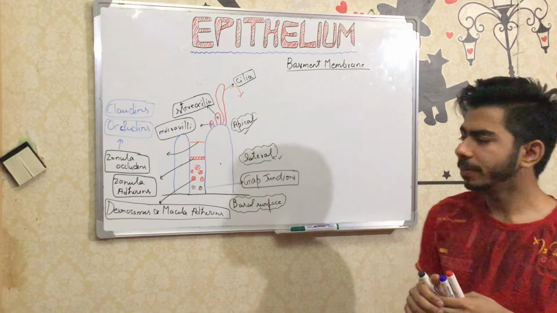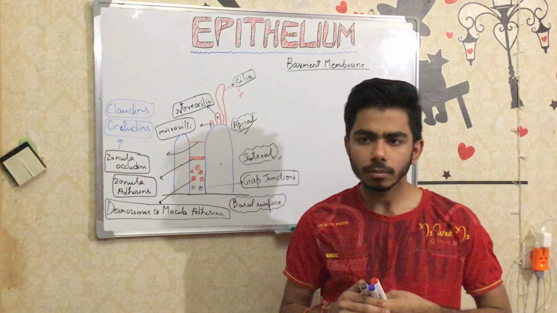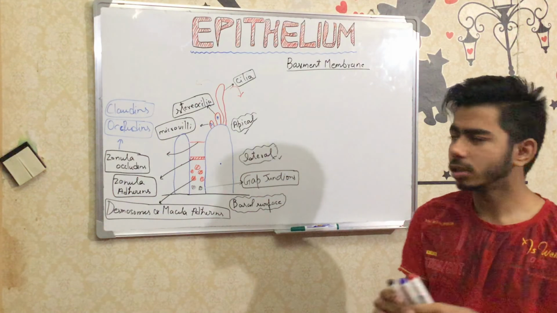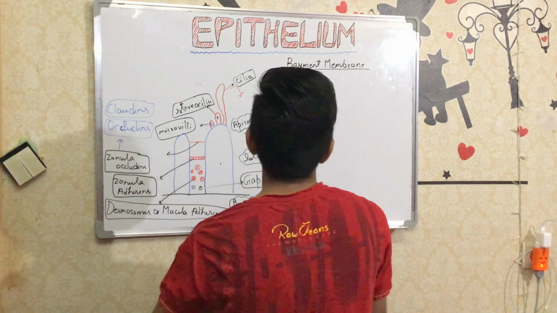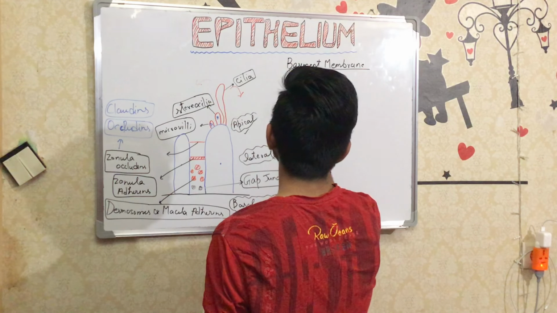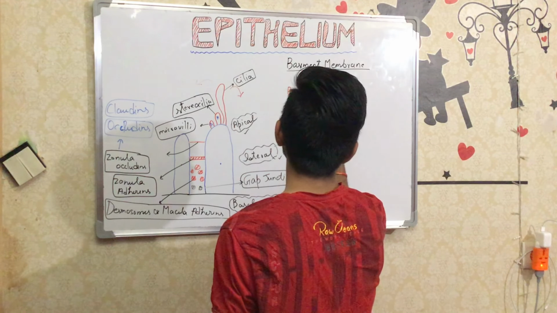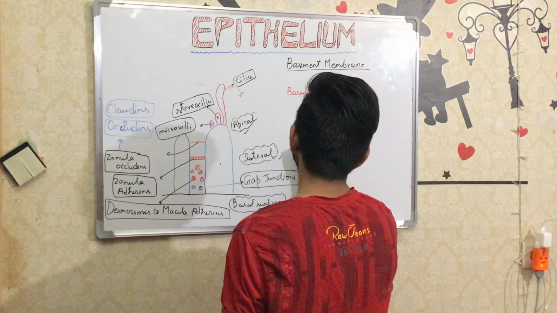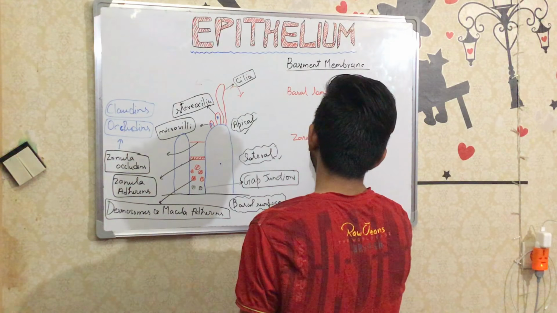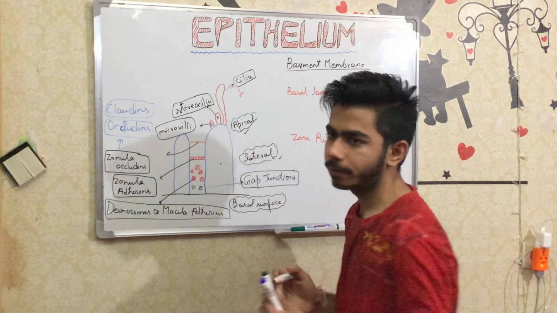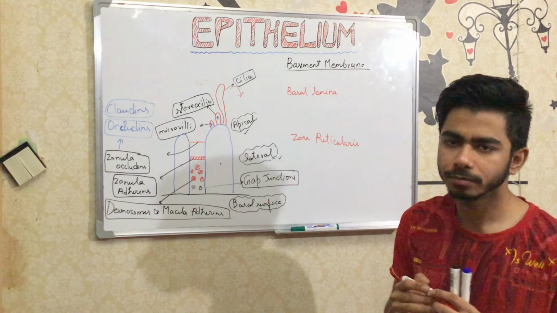Actually, in the basement membrane there are two main structures. What kind of structures are these? They are the basal lamina and the zona reticularis.